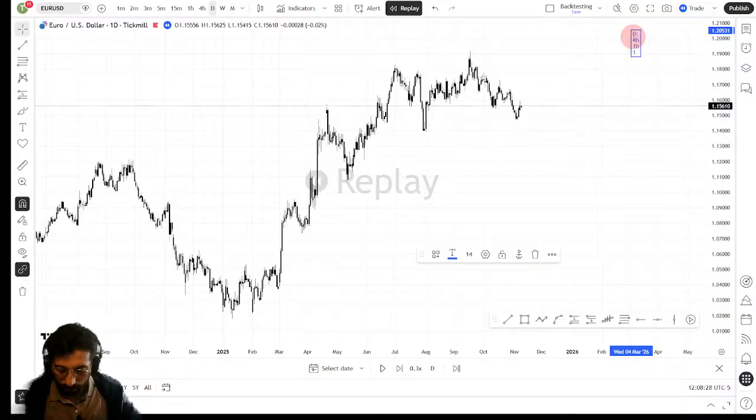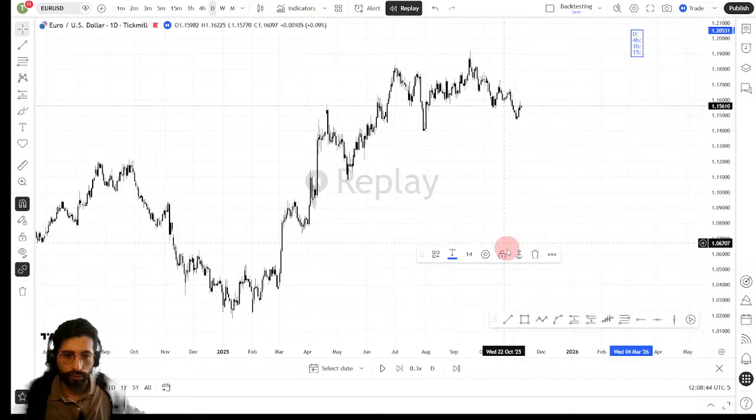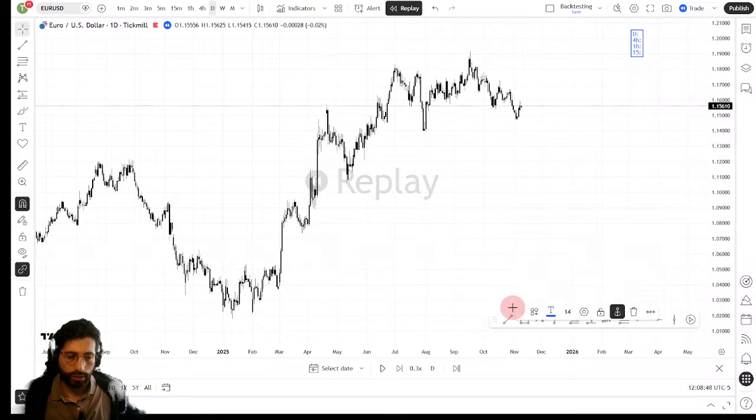So first of all, I always mark all the time frames I'm gonna use. I analyze daily time frame, go for 4 hours until I get to 15 minutes, which is the time frame which I used to make decisions, right? And based on that information, I then execute the orders.